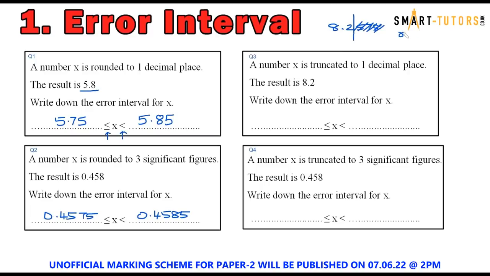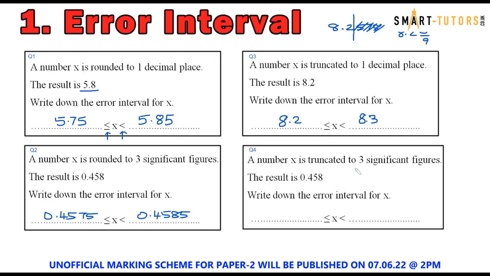After the 8.2, the second decimal could be 0 or could be 9, right? So the lower value could be 8.2, and the higher value doesn't have the equal sign, it's going to be 8.3. So anything less than 8.3 and anything more than or equal to 8.2 is the truncation interval.